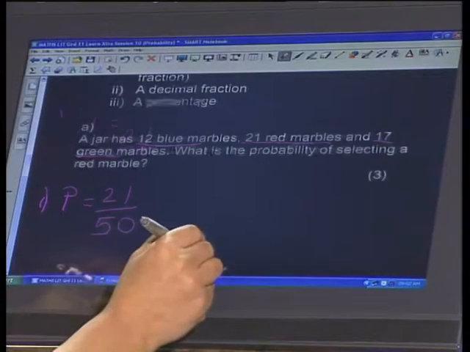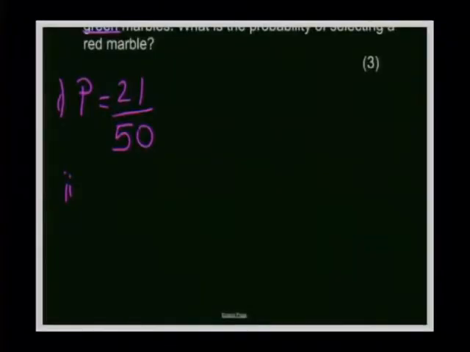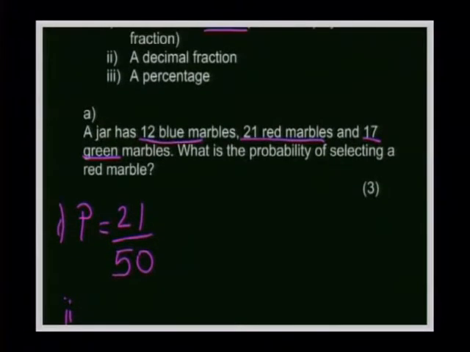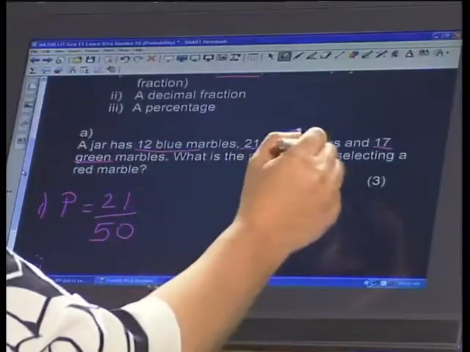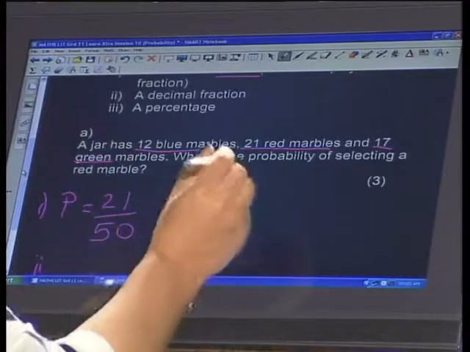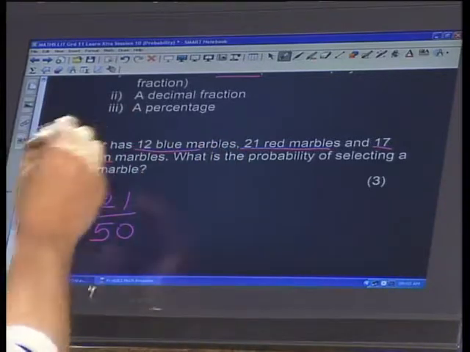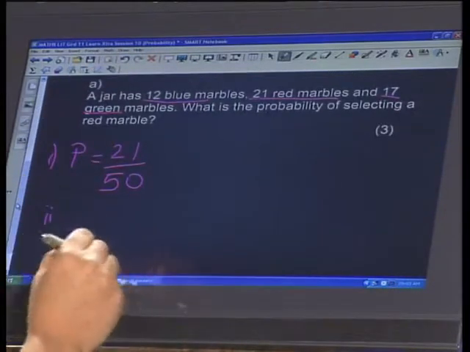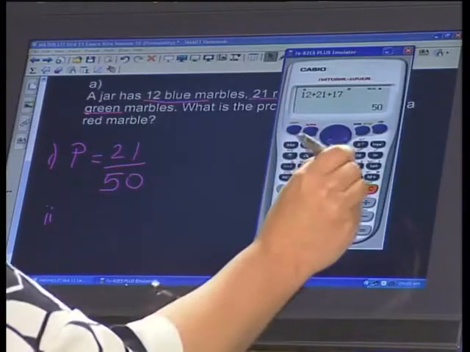So part 2 of our solution said a decimal fraction. I just want to double check the question before I carry on with the other 2, to check that I actually have answered the question correctly. It said, what is the probability of selecting a red marble? I have done that. Now I need to put this into a decimal fraction. Well, clearly I need my calculator.